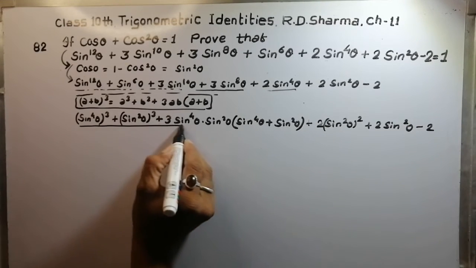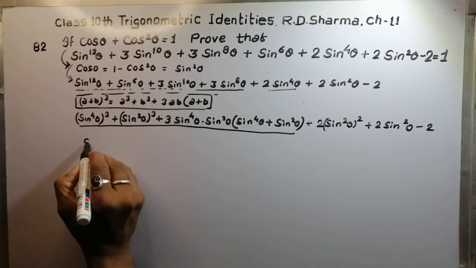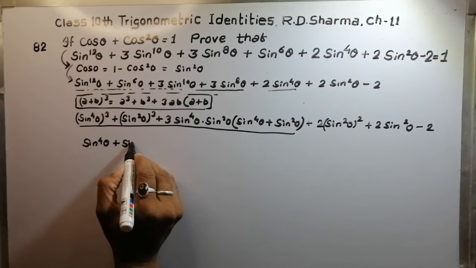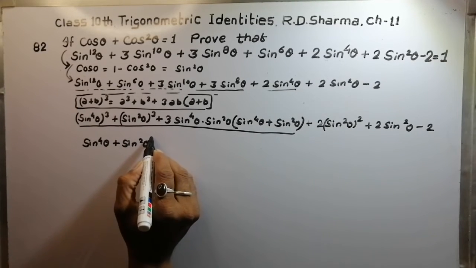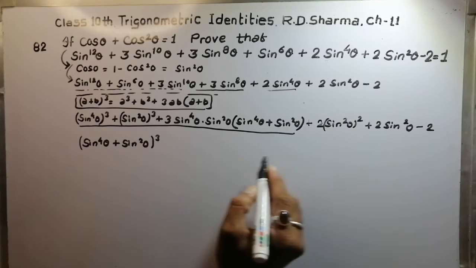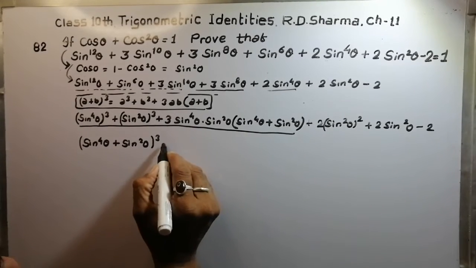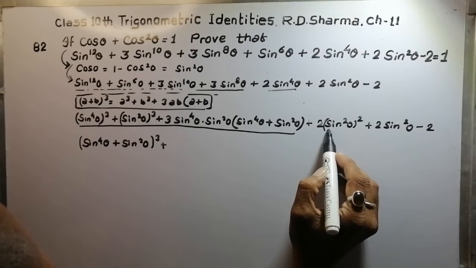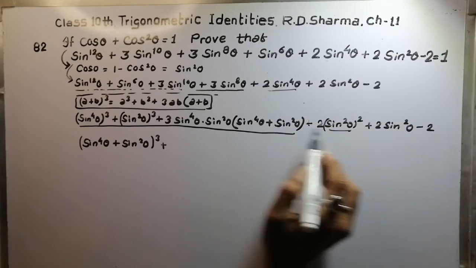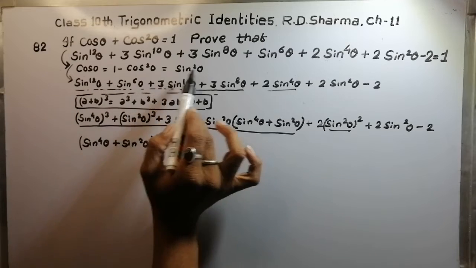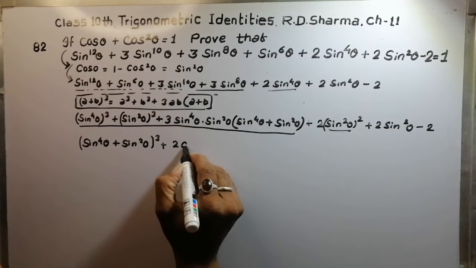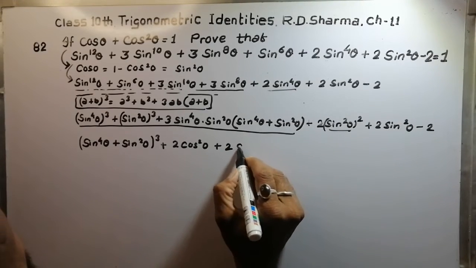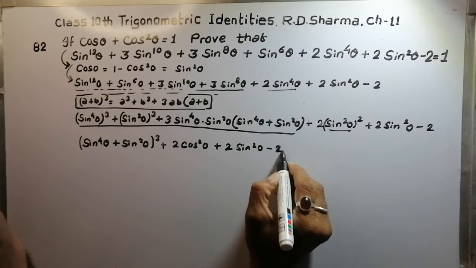So we can write this term from here to here as sin 4 theta plus sin square theta whole cube, and here we can write 2 sin square theta, in place of sin square theta we can write cos theta, so 2 cos square theta plus 2 sin square theta minus 2.